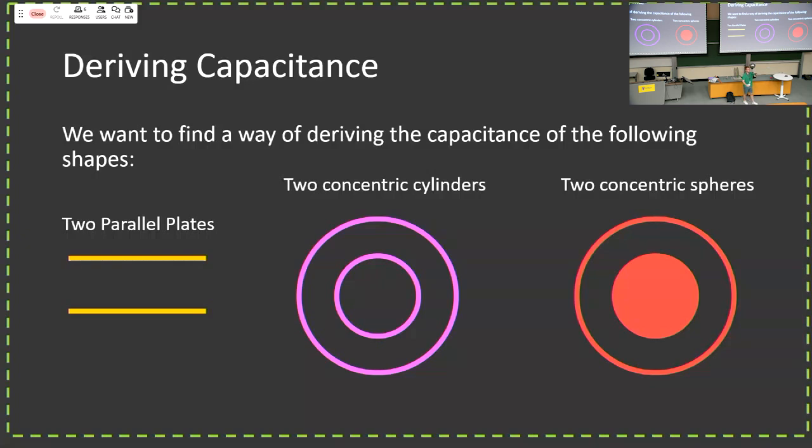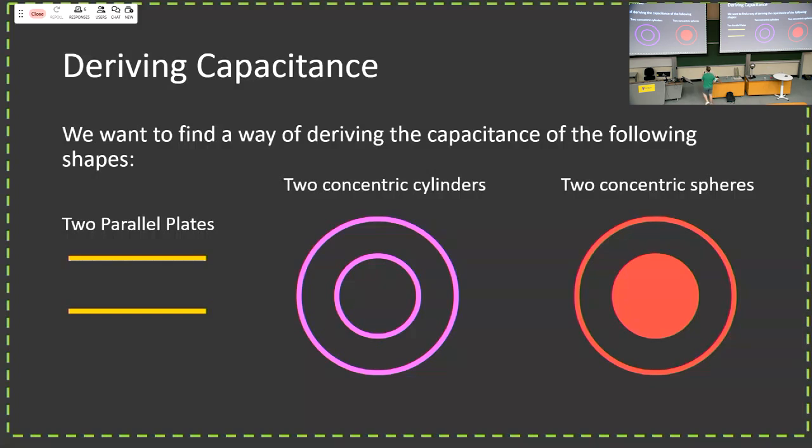It's got a stick just so I can hold it. So this is a capacitor as well. And then theoretically two spheres. How would you charge the inner sphere, how do you get at it? But whatever, we're theorists right now. And so you have to be able to derive the capacitance of the following shapes. And you might think, oh no, Tom, is it time to do another integral? And the answer is, of course it's time to do another integral. But it's the same integral you've done like 50 times.